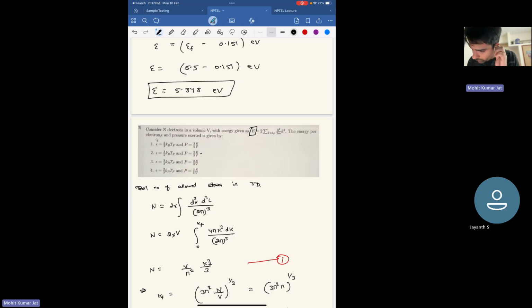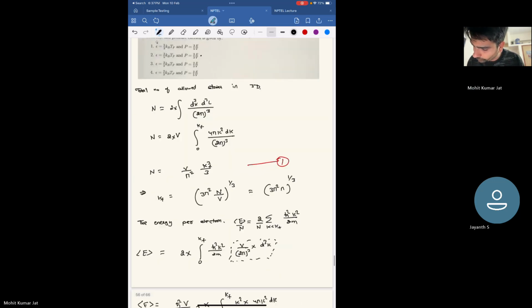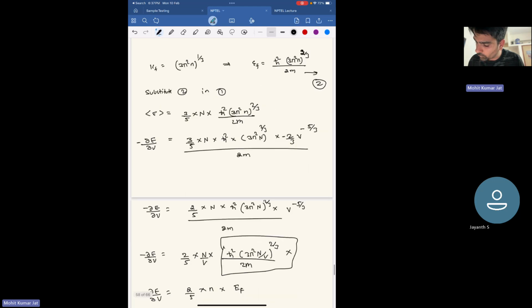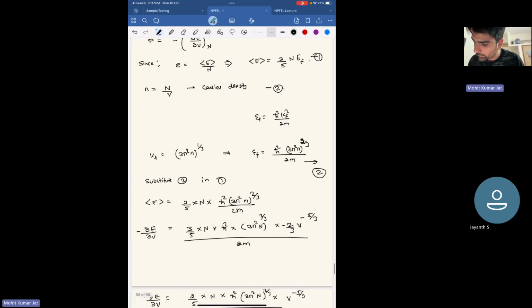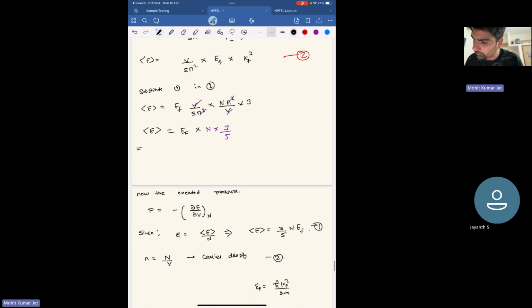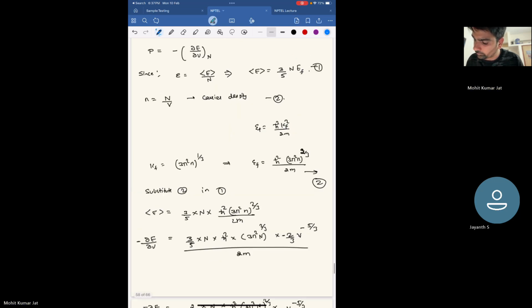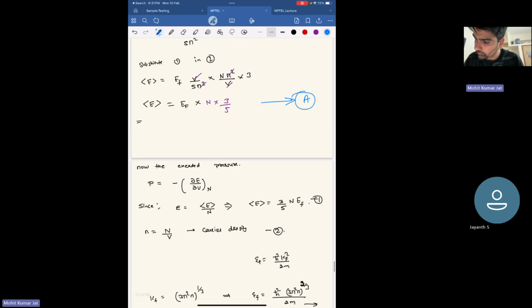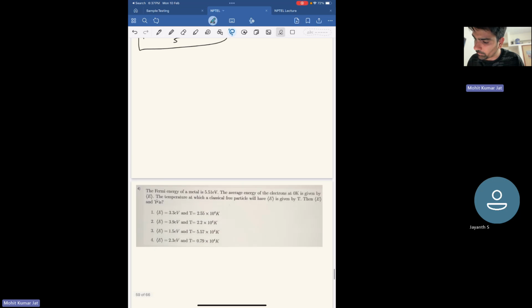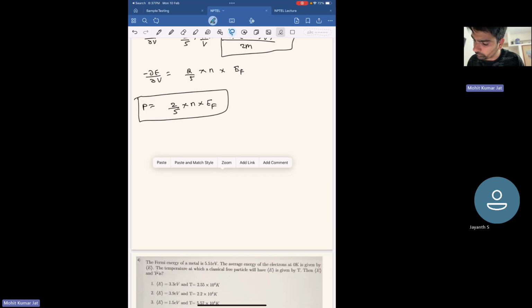So this total energy we can also write in this form. Let's just recall this relation. They are asking us in this form. Just in which form they ask the question, we will transform it to that form.